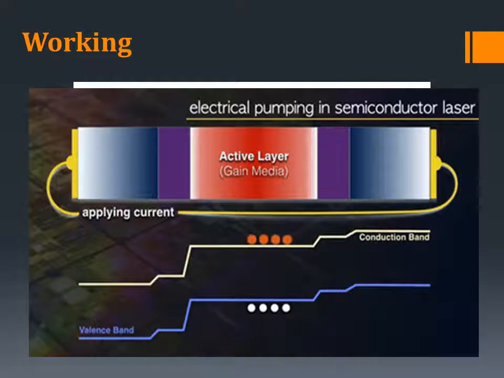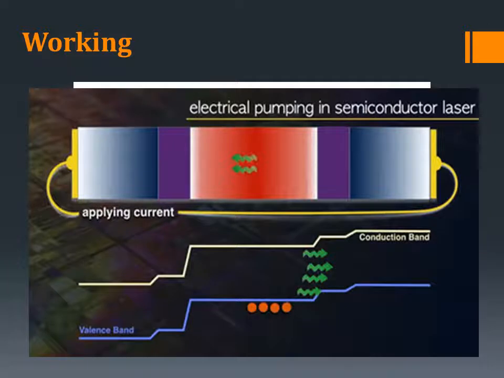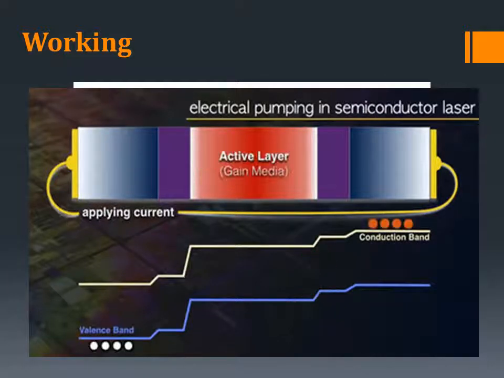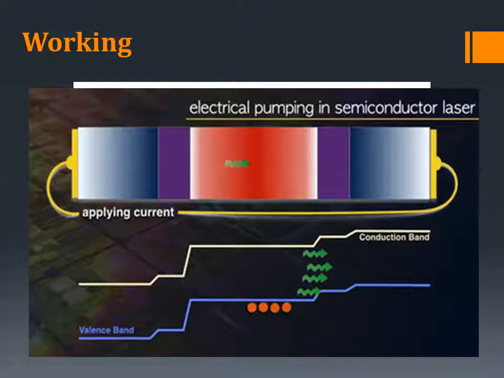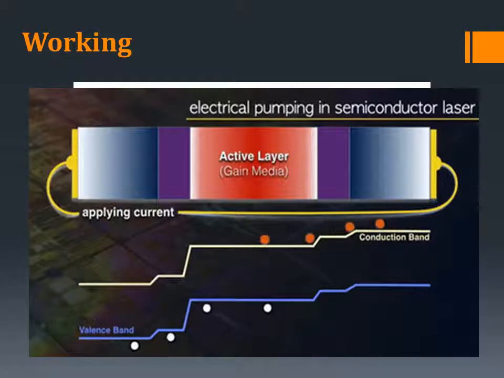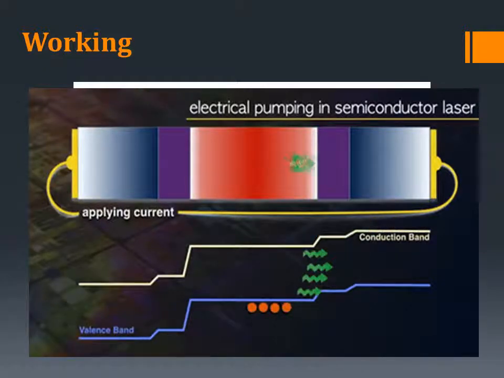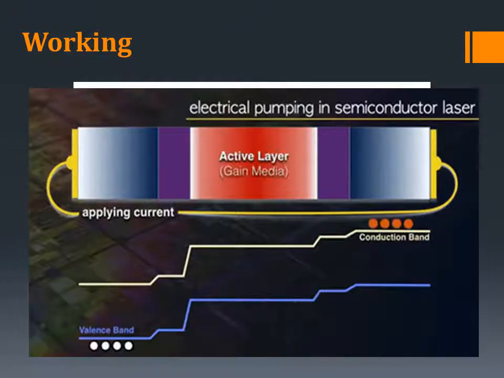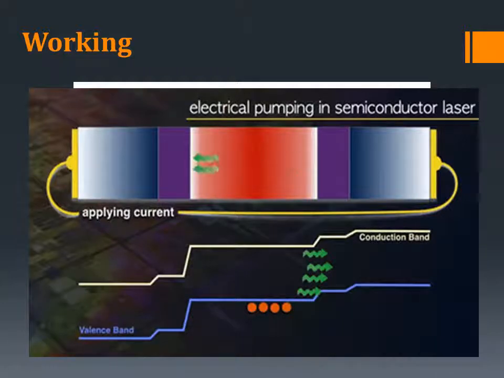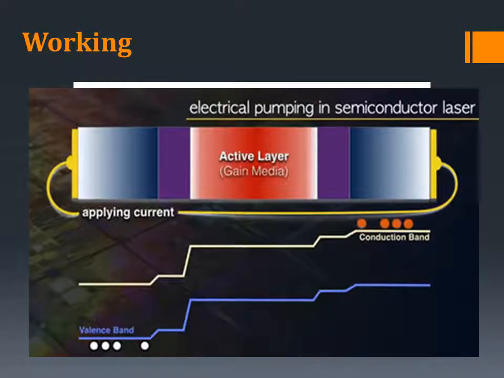This is an animation which shows the working of a heterojunction semiconductor laser. Here, electrons from the conduction band of the n-type gallium aluminum arsenide layer move to the active layer. Similarly, holes from the p-type gallium aluminum arsenide layer move to the active layer. Once they reach the active layer, there is recombination emitting spontaneously emitted photons.